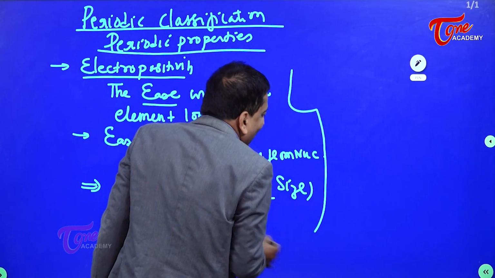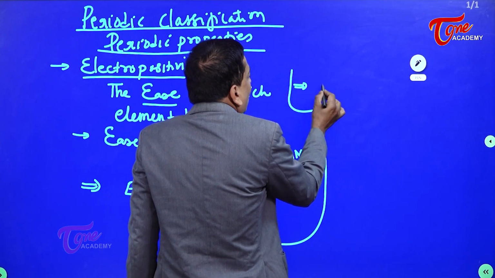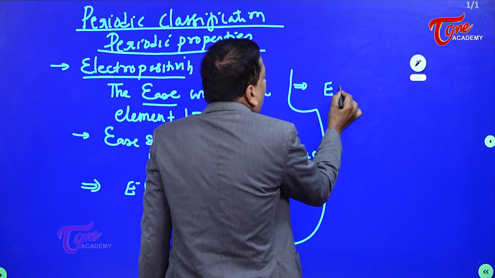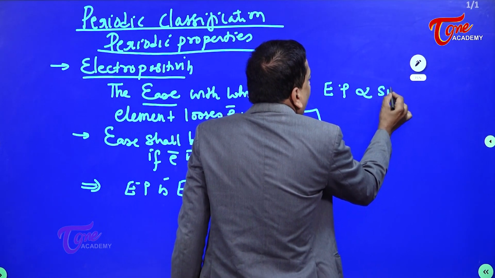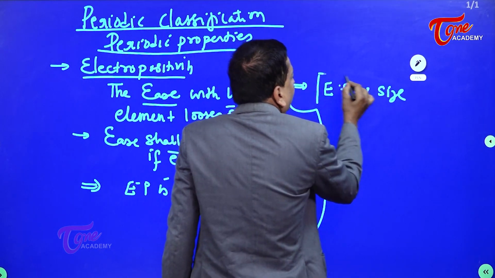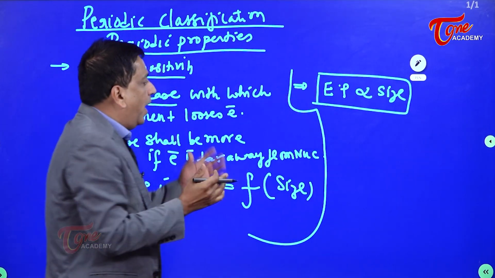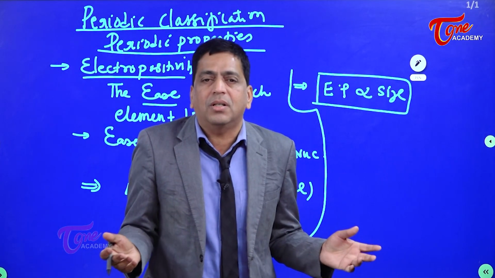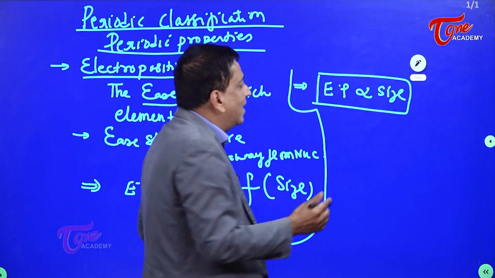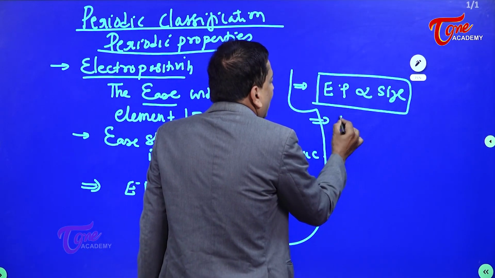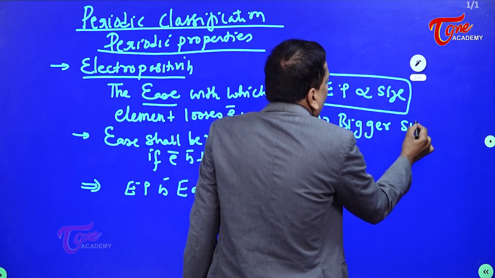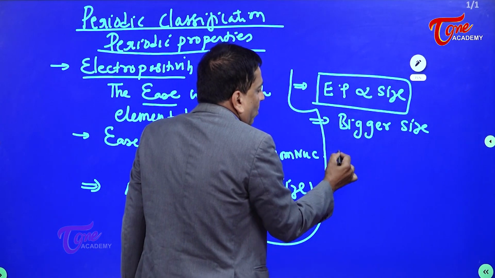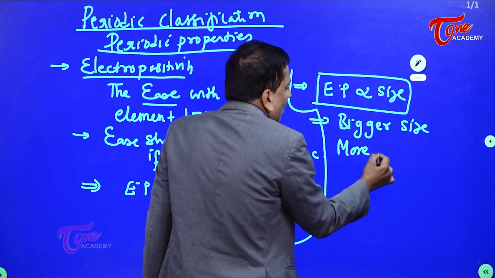If you actually see, it implies that electropositivity is basically directly proportional to size. You must understand. It's directly proportional to what? Size. So it indicates basically, bigger the size, more is the ease.